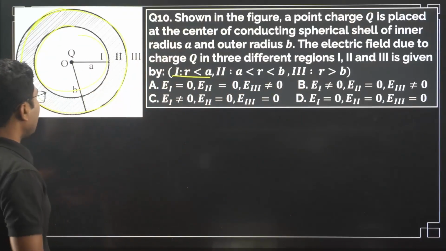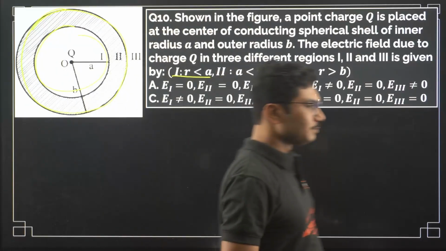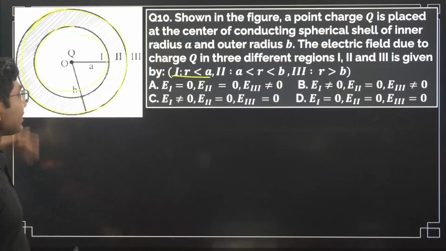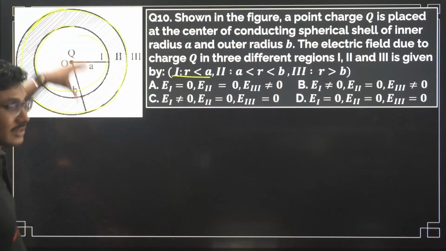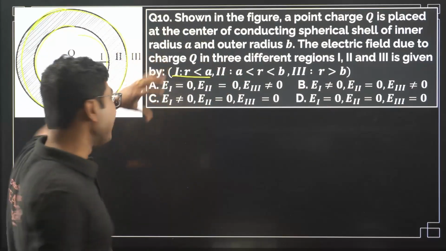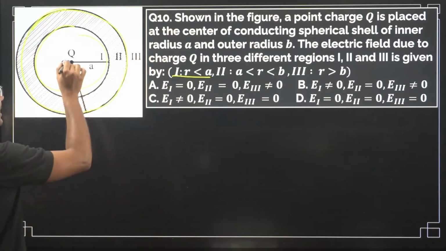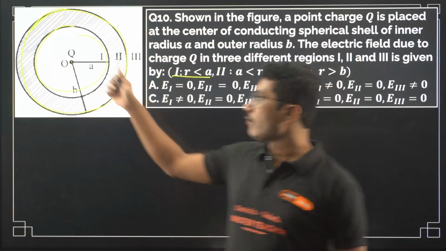Now here you might think that it is kind of electrostatic shielding, but it is not. Electrostatic shielding is when the charge is outside, there will be no electric field coming inside. But in this case, the electric field inside this shell will obviously not be zero.